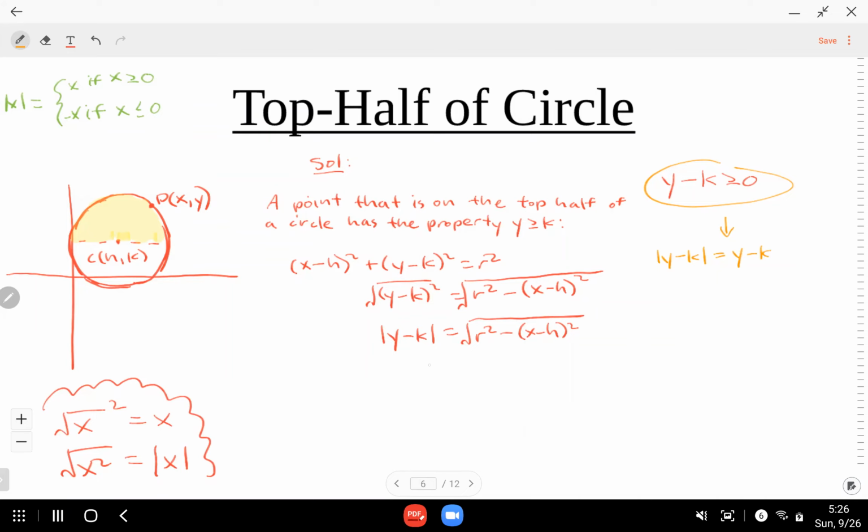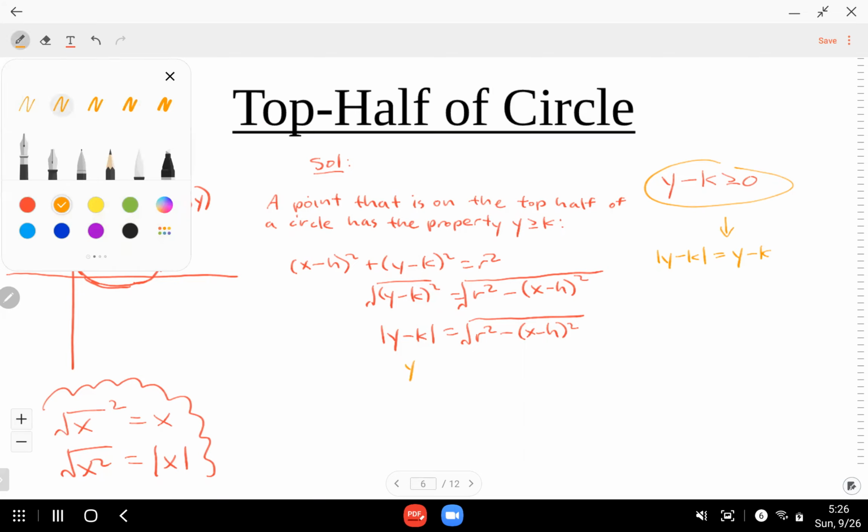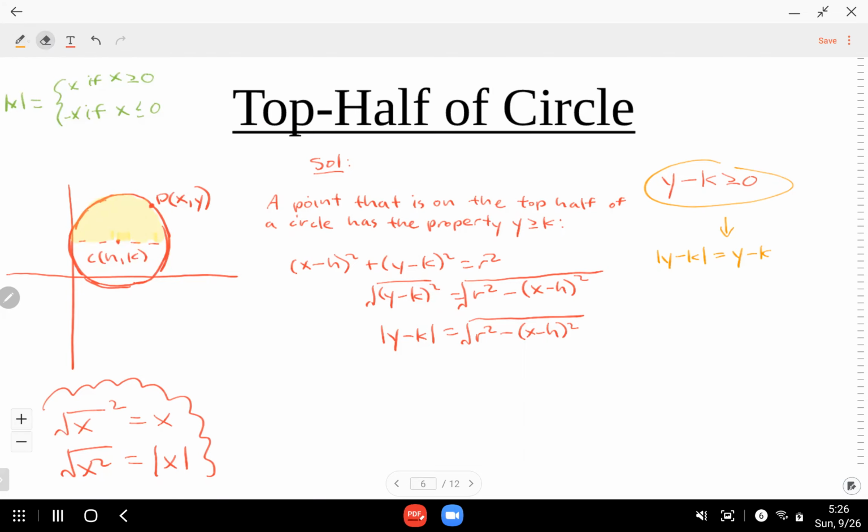Now from this, you can see that y equals k plus the square root of r squared minus (x − h) squared.